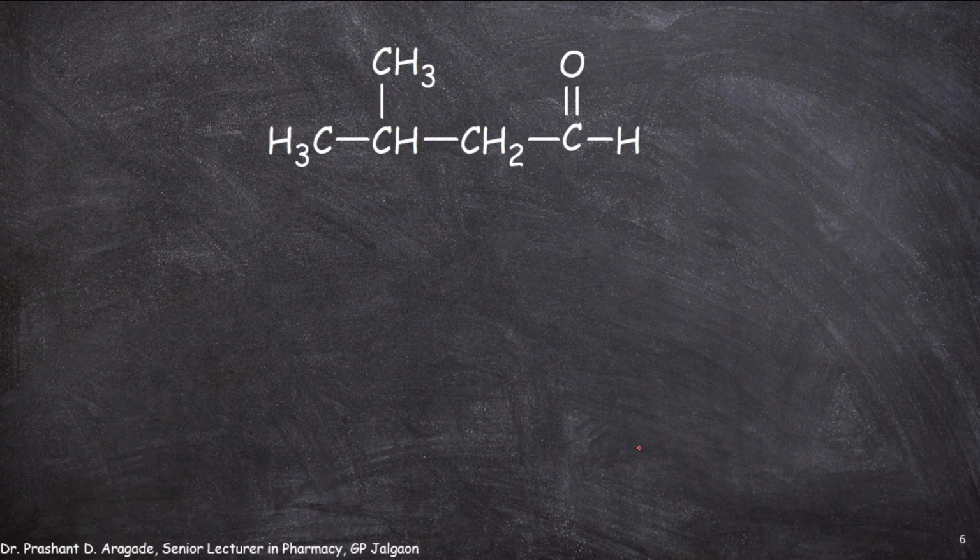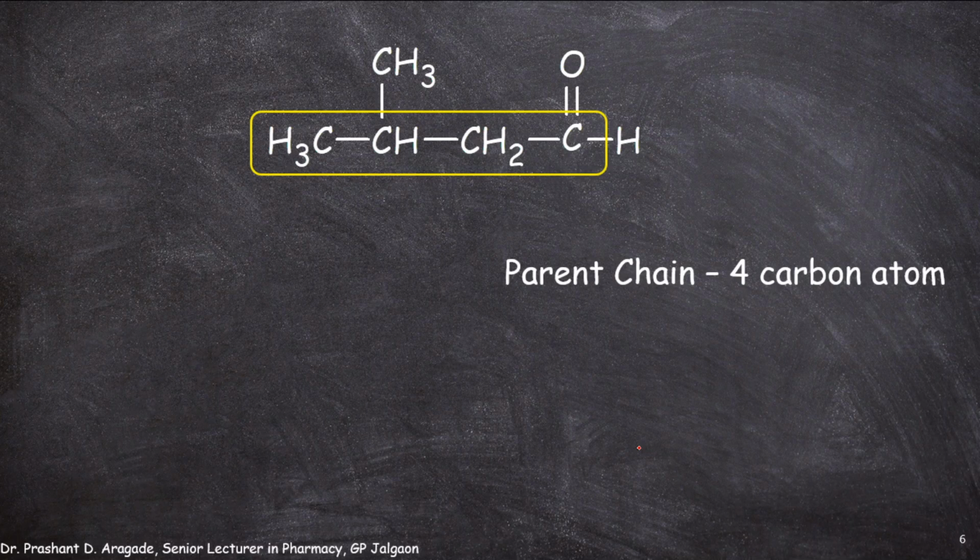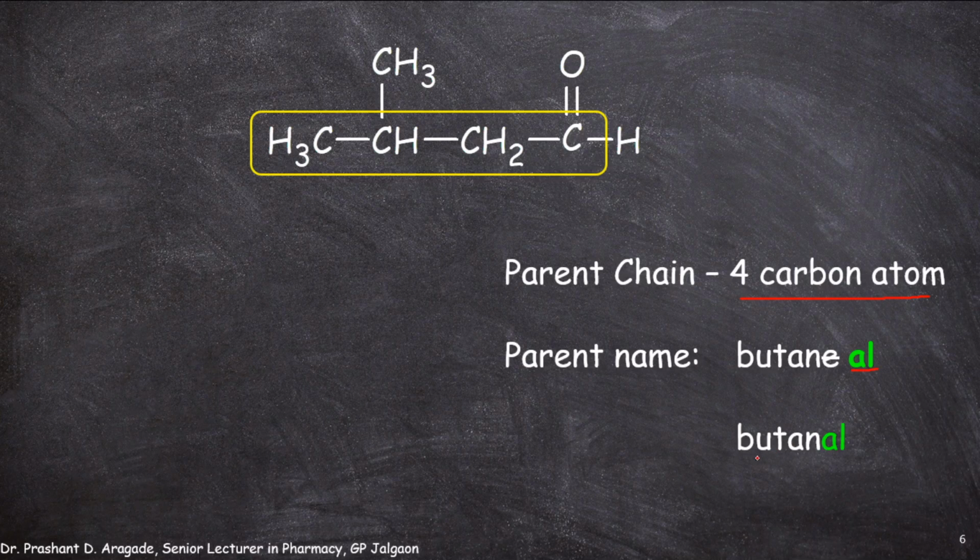So let's give the IUPAC name to this compound. The first rule is to select the longest continuous carbon chain containing the aldehyde functional group, which contains 4 carbon atoms, which means the name of the parent chain is butane. Then this E is replaced with Al, so the name becomes butanal. Then apply similar rules as those of alkane, that is, find the substituents, name them and prefix their position numbers.